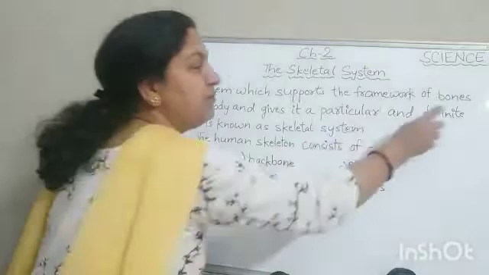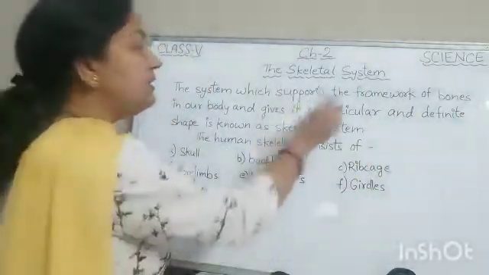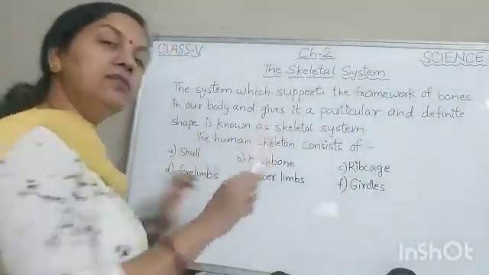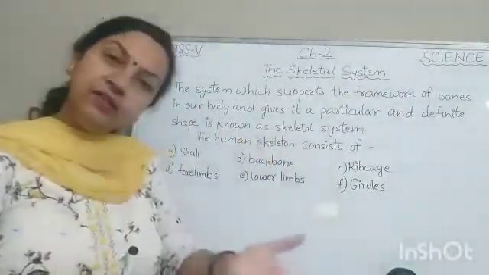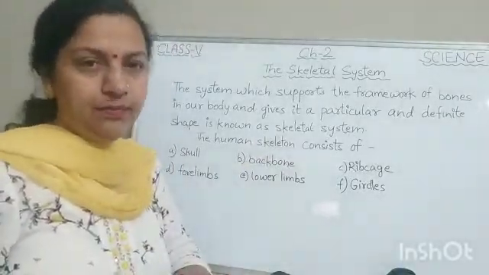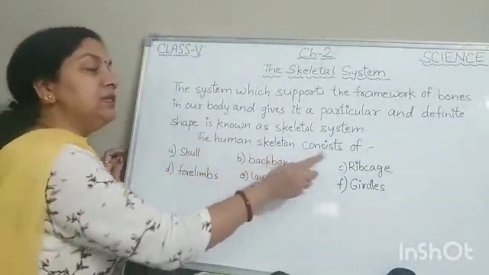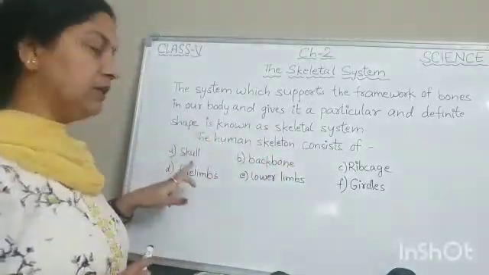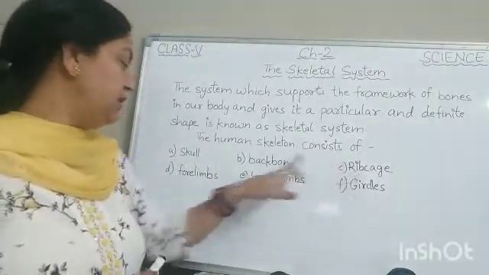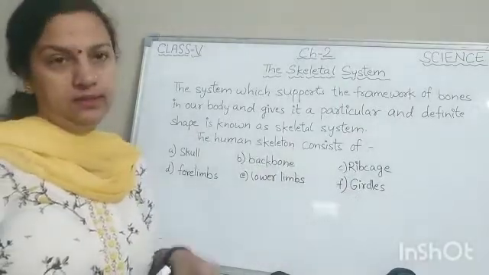Clear? So how can we define it? The system of the framework of bones in our body which supports it and gives it a particular and definite shape is known as the skeletal system. The framework of bones is the skeleton, and the system that supports the body and gives it shape is the skeletal system. Clear? Now, the human skeleton consists of skull, backbone, rib cage, forelimbs, lower limbs and girdles.